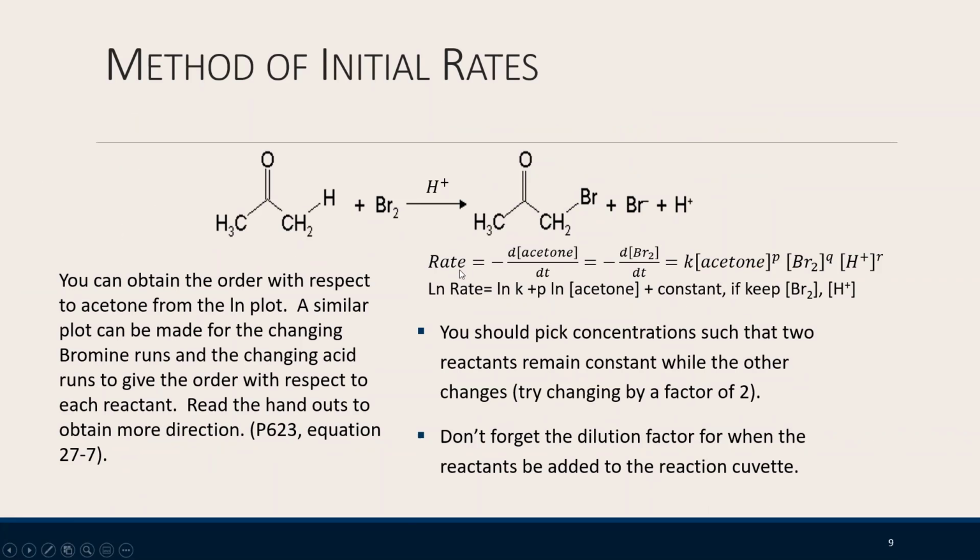For this reaction, we know the reaction rate we can calculate based on the concentration or absorbance of bromine, and that's equal to the reaction constant times the concentration of acetone to the order of P, bromine to the order of Q, and hydrogen to the order of R, right?